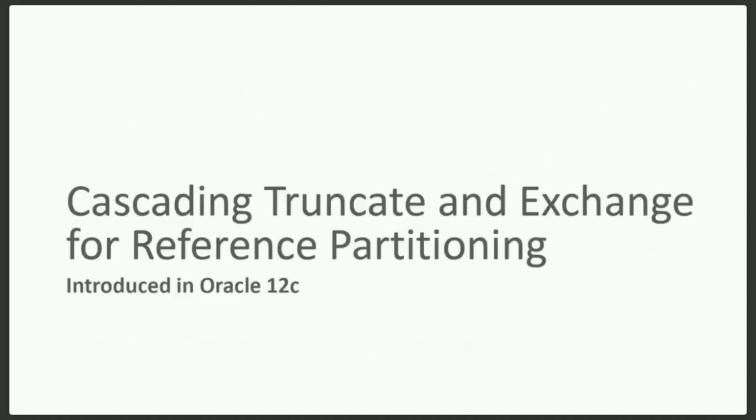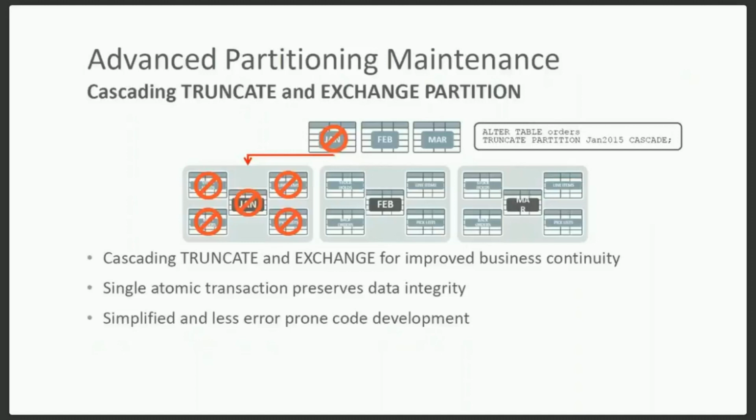Introduced in Oracle 12c is the concept of cascading truncates. If I truncate my parent table's partition, say I remove the Jan partition from the orders table, with ALTER TABLE orders TRUNCATE PARTITION partition_name CASCADE, all the child tables that are dependent on this parent table will find that they don't have the Jan partition anymore because it's automatically truncated there as well.